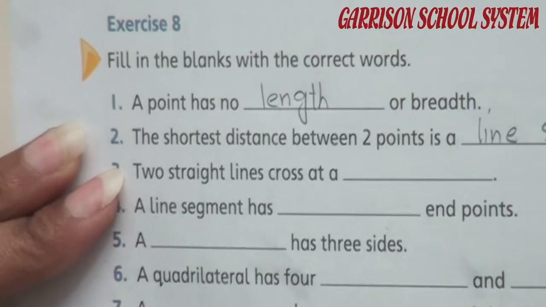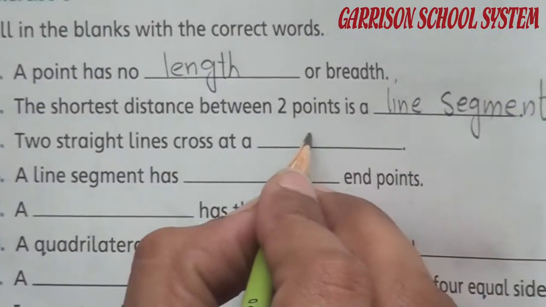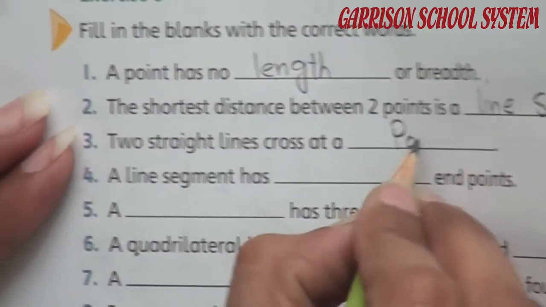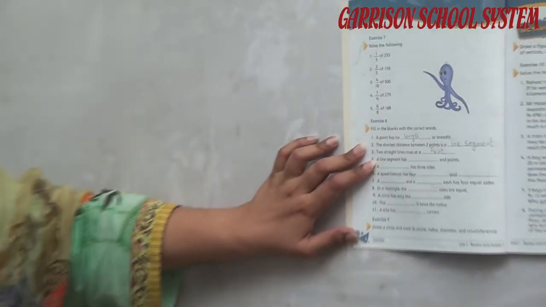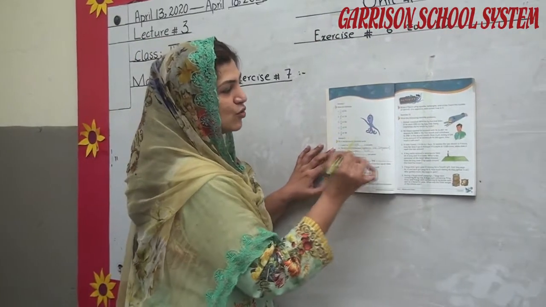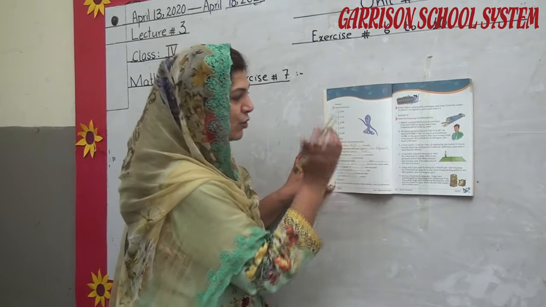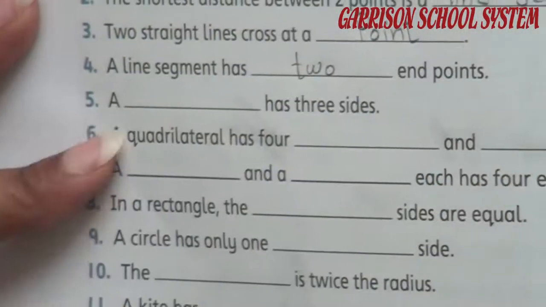The third is, 2 straight lines cross at a point, because when 2 straight lines cross, they will cross at a point. In this way, the fourth one, a line segment has dash ends. If I draw a line, we have 2 ends. So I write here 2.